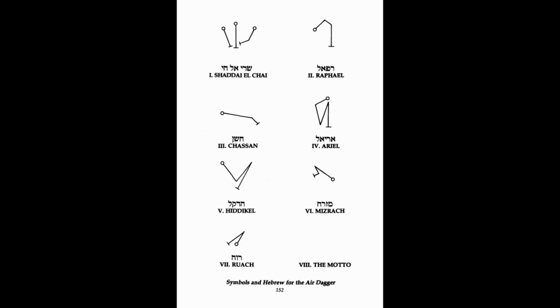II is the name of the archangel associated with the tool. Notice that for the dagger, the name is Raphael, the archangel associated with the magical element air. III, the name of the angelic choir associated with the tool. IV, the name of the ruler of the element. V, there are said to be 4 rivers coming out of paradise. V names the river associated with the element.